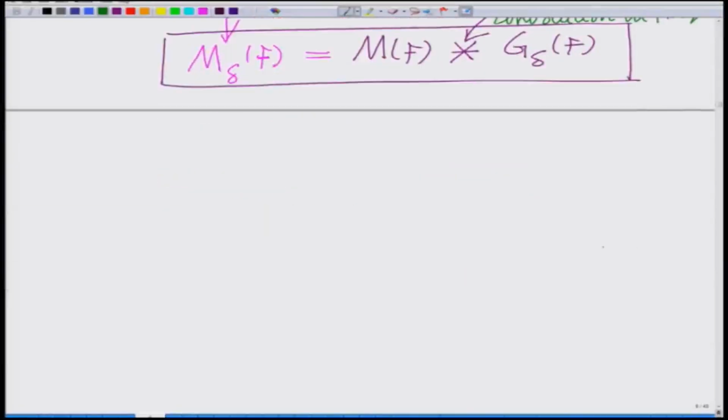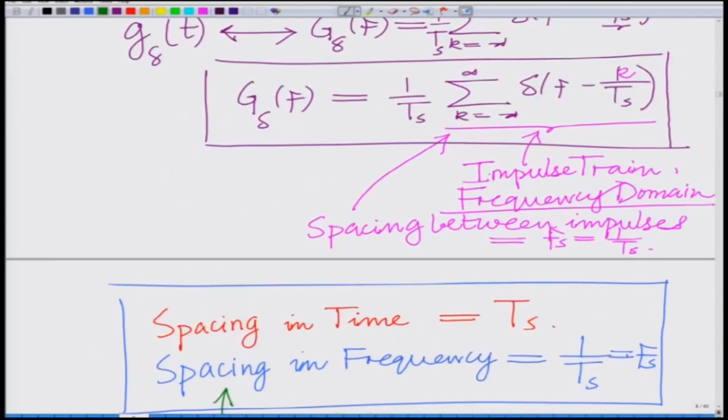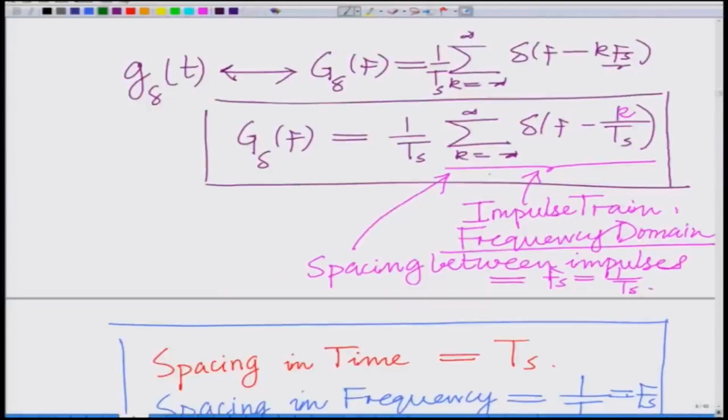Therefore, M delta f, that is the spectrum of the sampled signal, equals M(f) convolved with G delta f. G delta f we have seen is 1 over Ts summation delta f minus k Fs, and remember 1 over Ts is also equal to Fs.